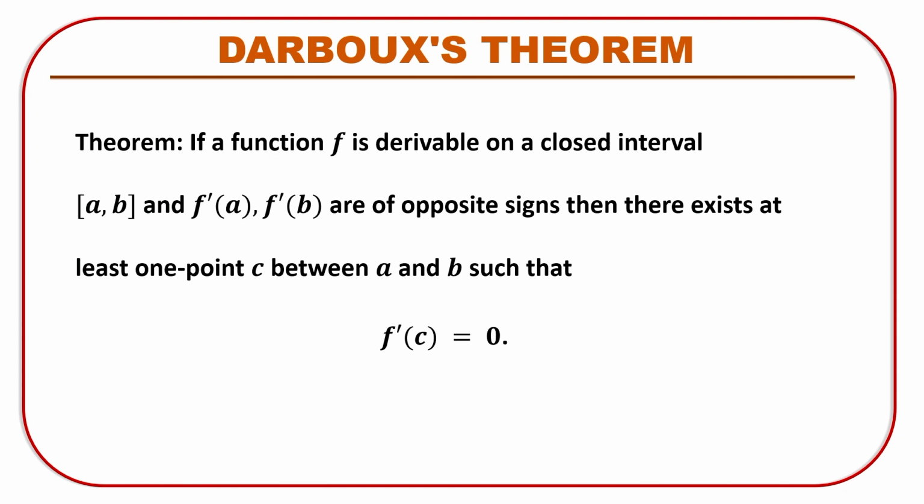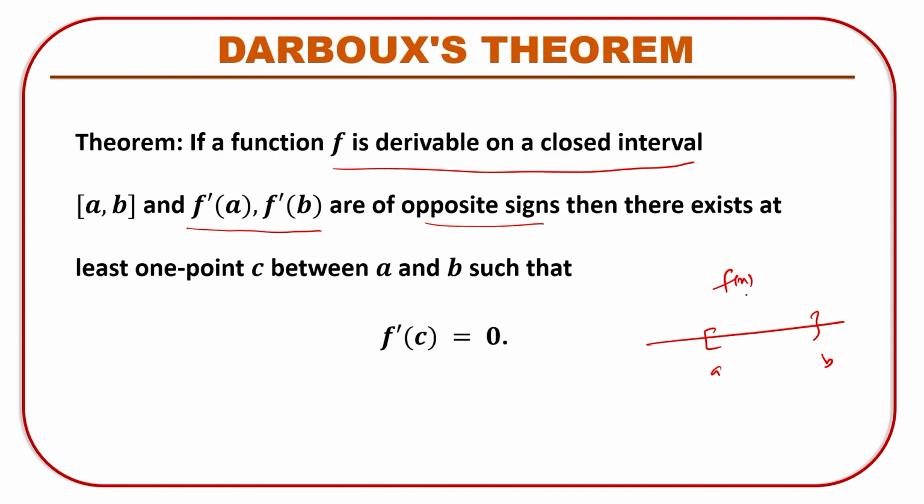So, Darboux theorem says that if a function f is derivable on a closed interval [a, b] and f dash of a and f dash of b are of opposite signs. So, you have one function f(x) in a closed interval [a, b], and at the end points f dash of a and f dash of b are of opposite signs.